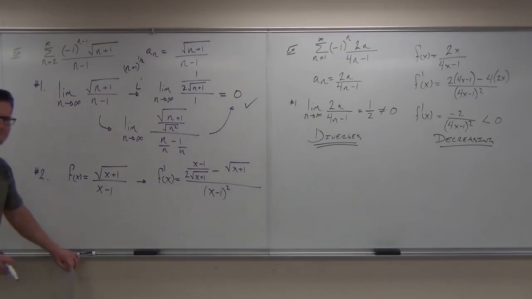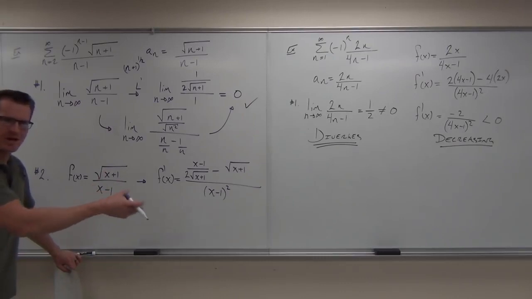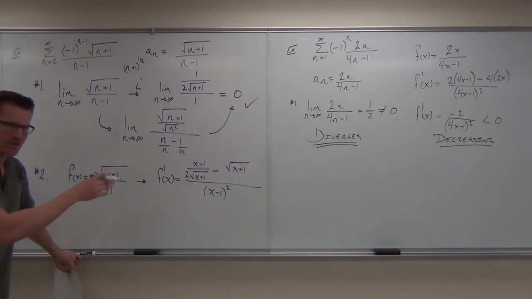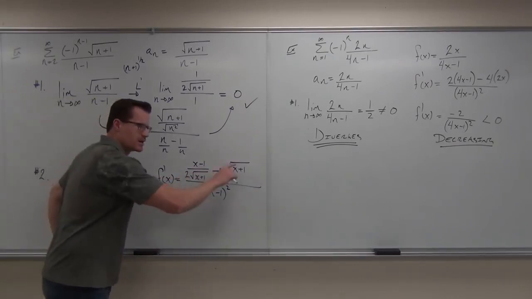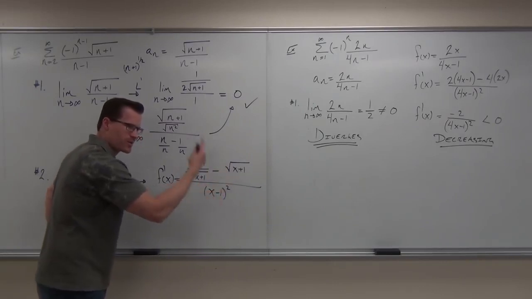Give up. Simplify. Yeah. Get a common denominator. Combine your numerators. It's a complex fraction right now, which sucks. Complex fractions always say get one fraction on the numerator, one fraction on the denominator, and go for it.